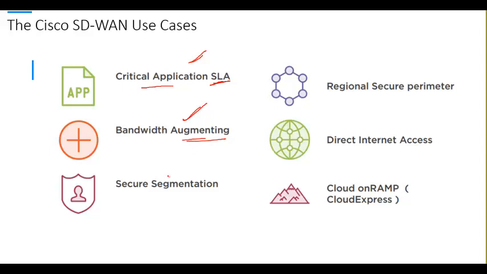That is what bandwidth augmenting is. I can combine the bandwidth of MPLS transport and the internet transport and give it to the overlay tunnel so that the tunnel will have more bandwidth.